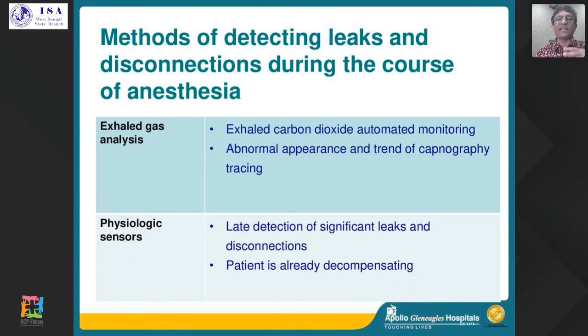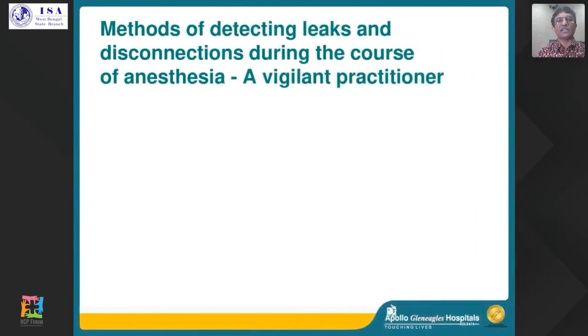By the time it is detected by these physiological sensors, it could be too late and the patient will be decompensating. So you should have the ability to figure out something going wrong, or some leak happening, or a malfunction much earlier than it is actually reflected on the patient.